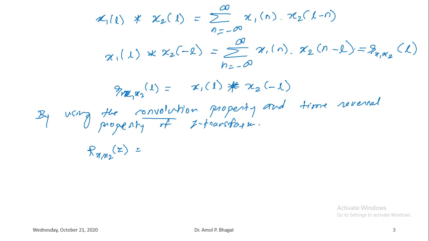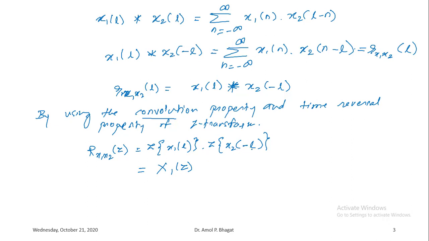So r x1 x2 of z is nothing but the multiplication of the Z transform of x1 of l with the Z transform of x2 of minus l. The Z transform of x1 of l is simply X1 of z, right?